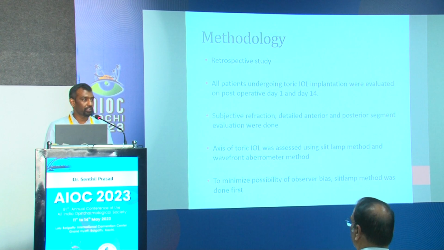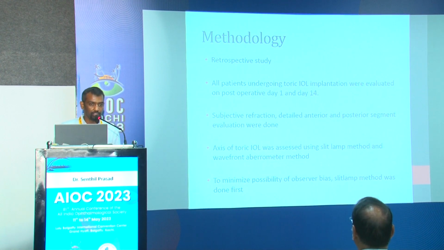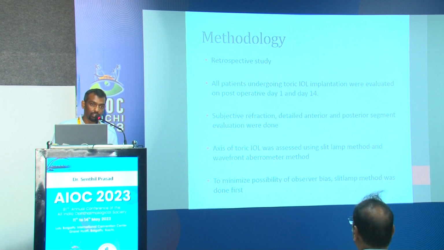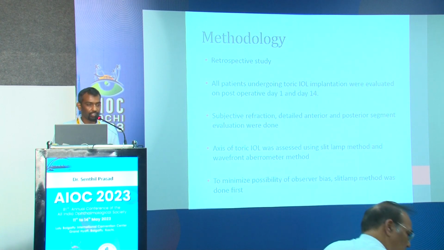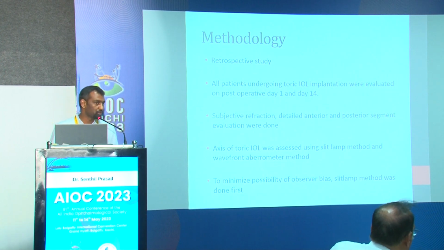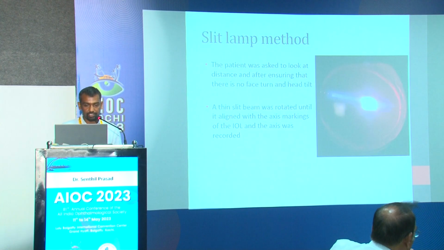All patients who were implanted with toric IOL were assessed on postoperative day 1 and 14. Every patient was subjected to subjective refraction and detailed anterior and posterior segment evaluation. In all patients, the toric IOL was evaluated using the slit lamp method and the wavefront aberrometer method. To minimize observer bias, the slit lamp method was always done first.